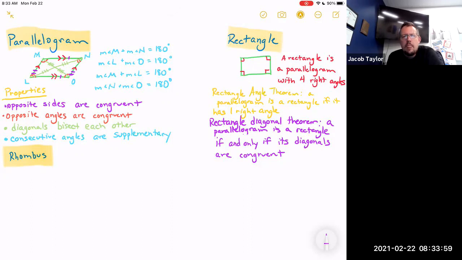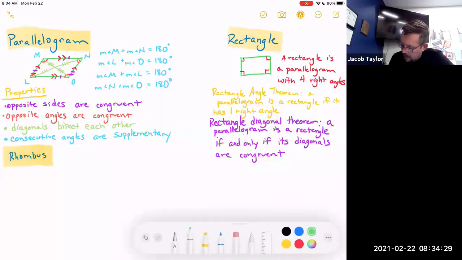Okay, let's talk about a rhombus. What allows our parallelogram to promote to the rank of rhombus? Does anybody know? Anybody know what makes something a rhombus?